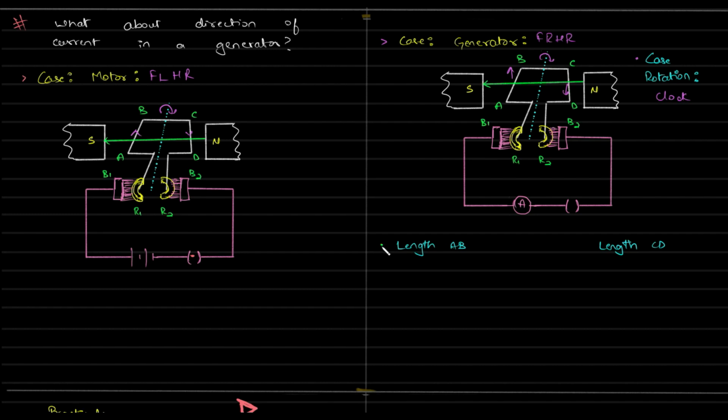Now, along the lengths AB and CD, what are we looking at? Along the length AB, let's see what happens. We have the magnetic field going to the left, and remember, this is 3-dimensional.